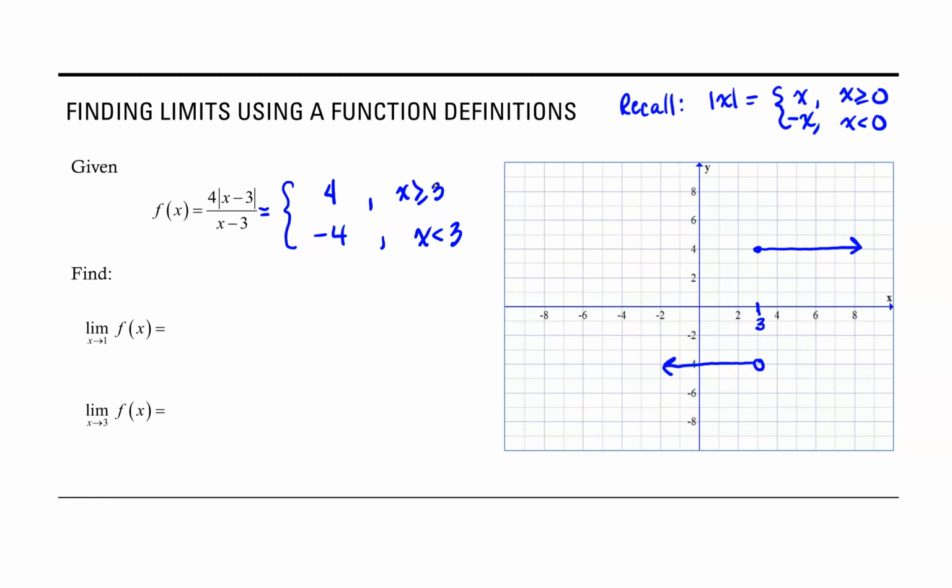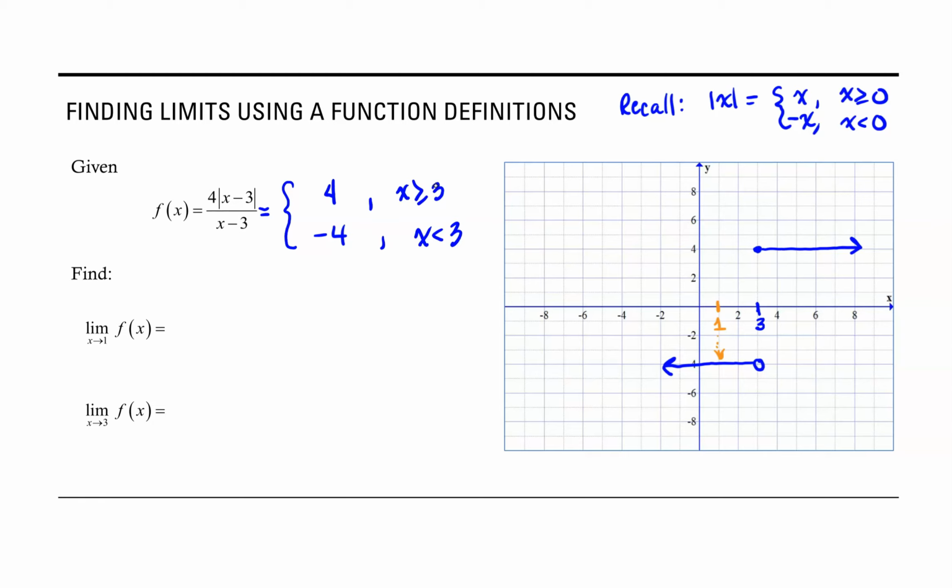The limit as x approaches 1 from both sides. So let's find 1. Here's 1 on the x-axis. When x approaches 1, from the graph, we can see that that equals negative 4.